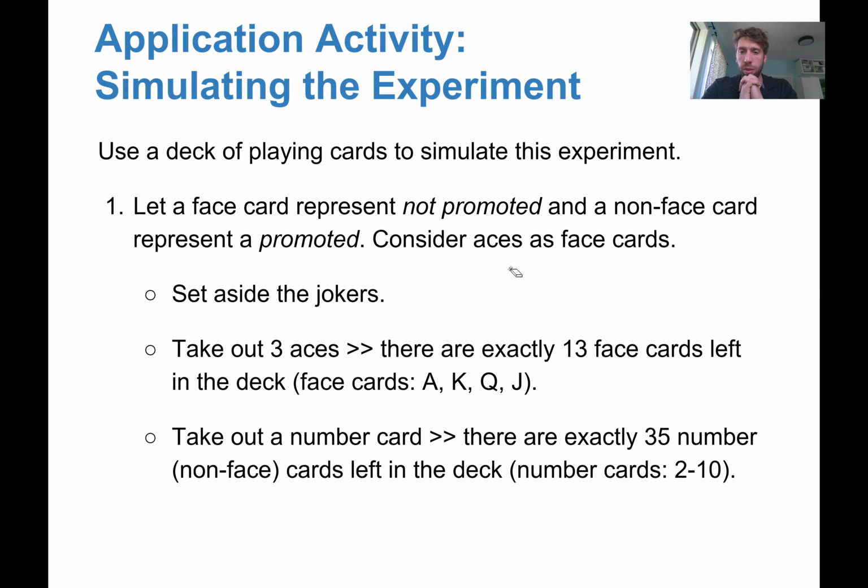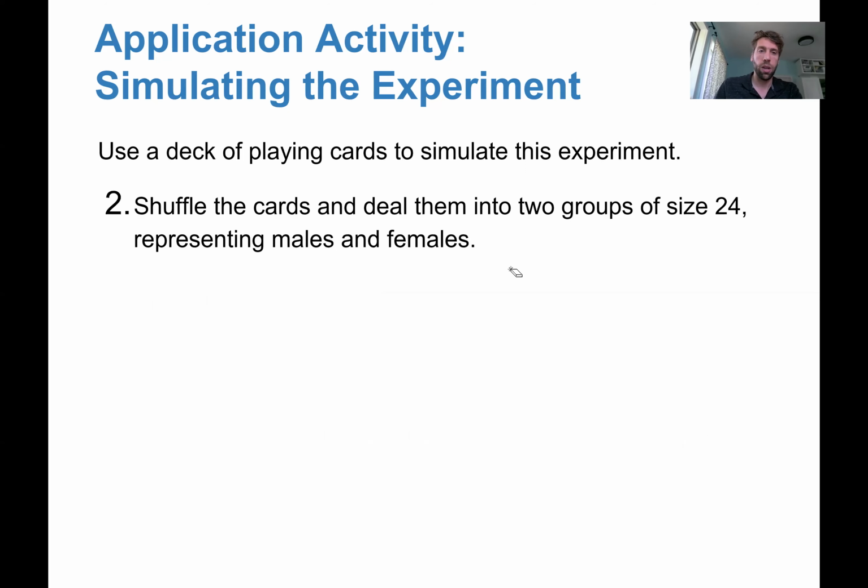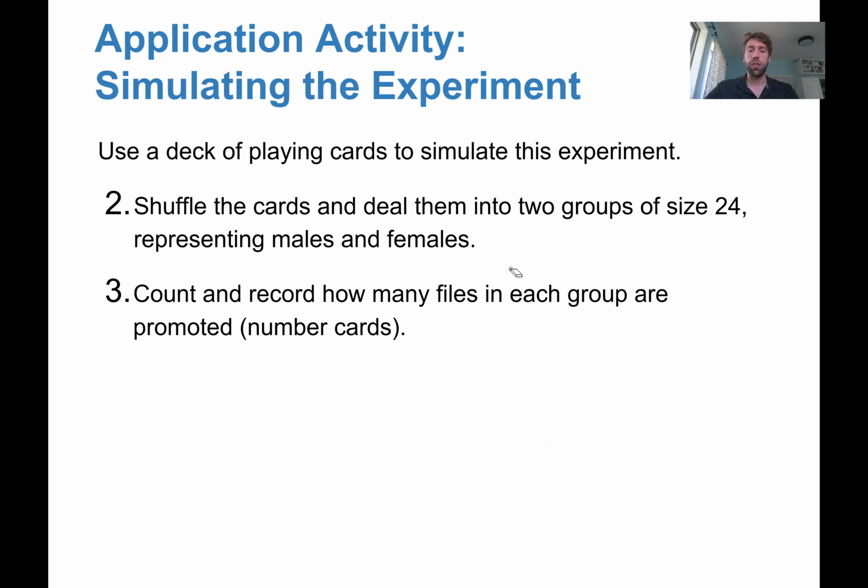So we only know that 13 were not promoted and 35 were promoted. Divide your cards into promoted and not promoted, and then we're going to deal them to male and to female. Shuffle the cards and deal them into 2 groups of size 24, representing male and female. Count and record how many files in each group are promoted, so how many number cards in each one.